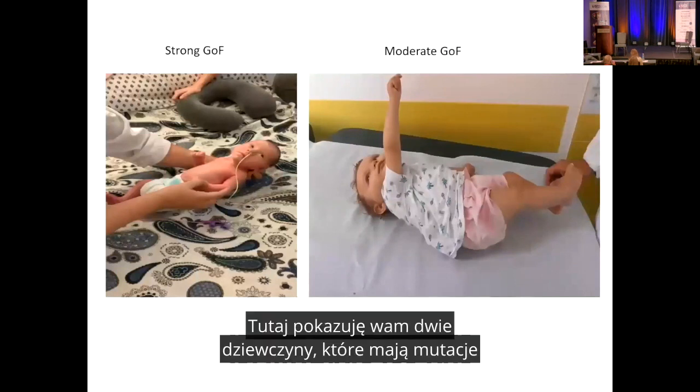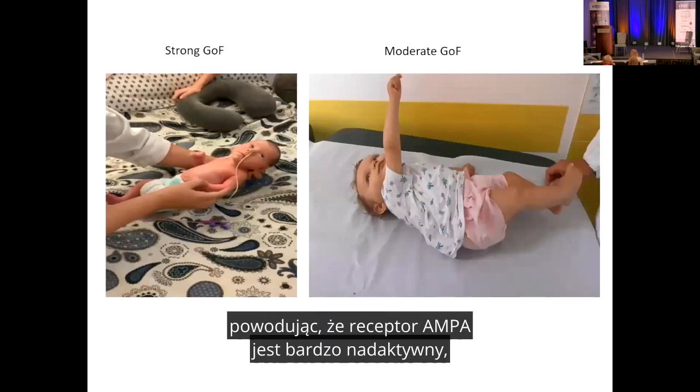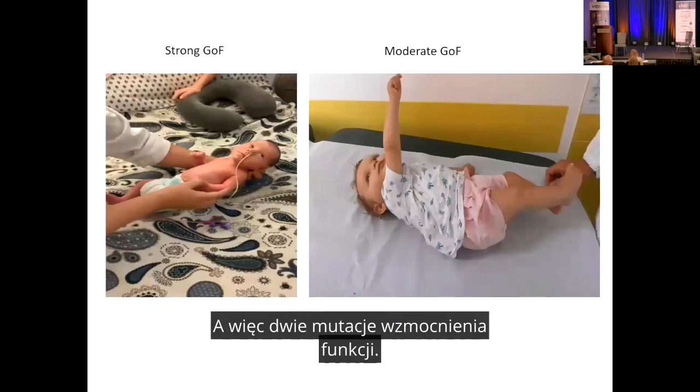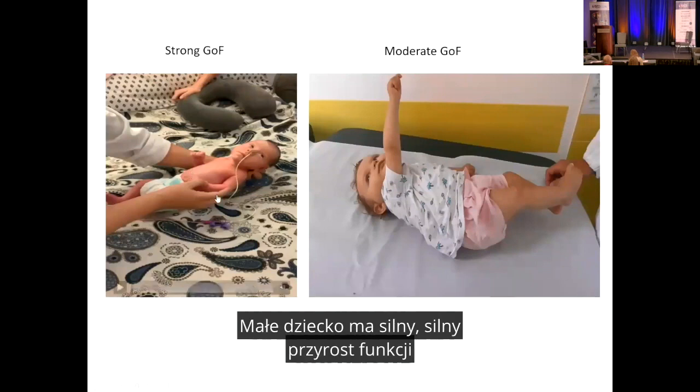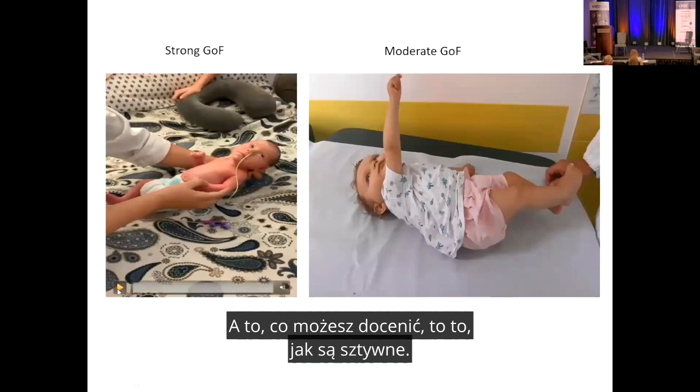Here I'm showing you 2 girls that have mutations in GRIA causing the AMPA receptor to be very overactive. So 2 gain-of-function mutations. The small baby has a strong gain-of-function, and the bigger girl, the infant, has a less strong one. What you can appreciate is how stiff they are.